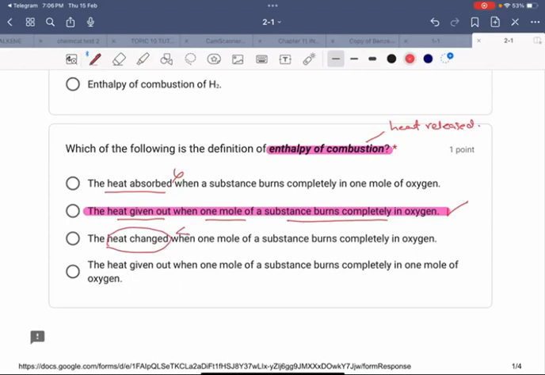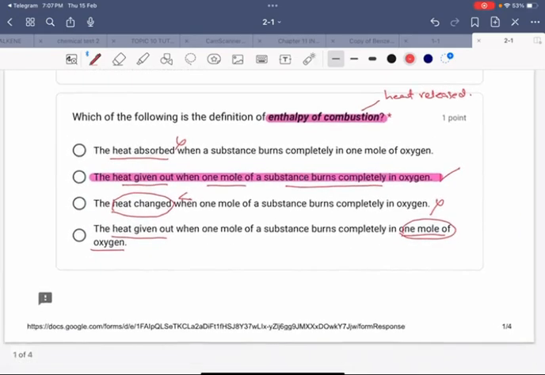Heat change can be positive or negative. So this is incorrect. The heat given out when 1 mole of substance burns completely in 1 mole of oxygen: because of the statement 1 mole of oxygen, we are limiting it. The combustion must be in excess oxygen actually, until it completely burns. So the answer is option 2.